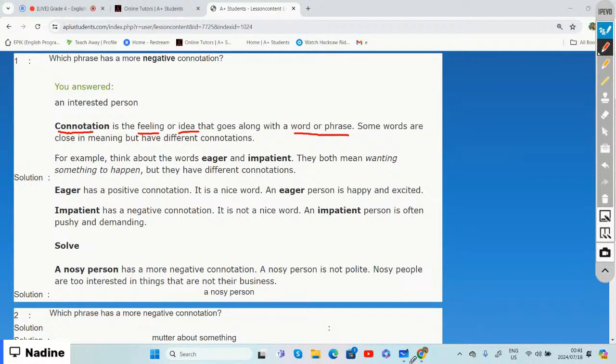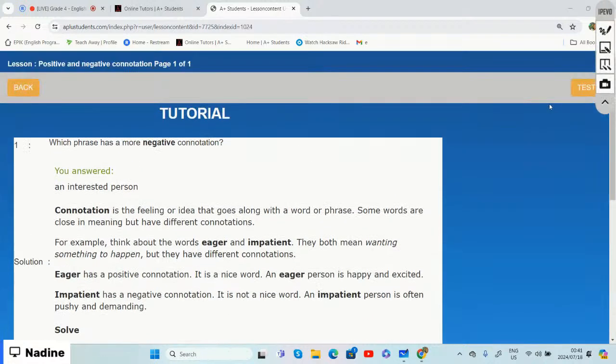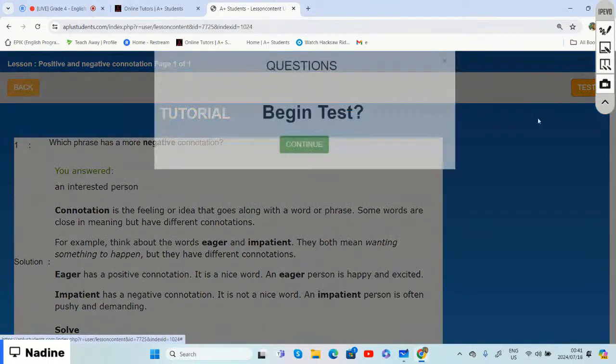Now we're going on to the next one, where we need to say which phrase has a negative connotation, but let's rather go to our test.